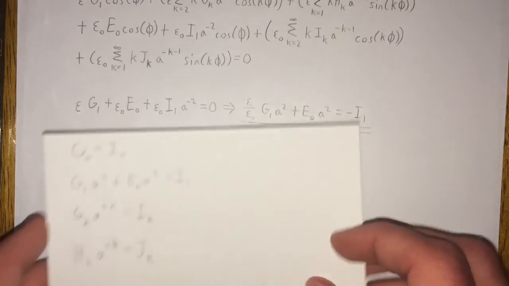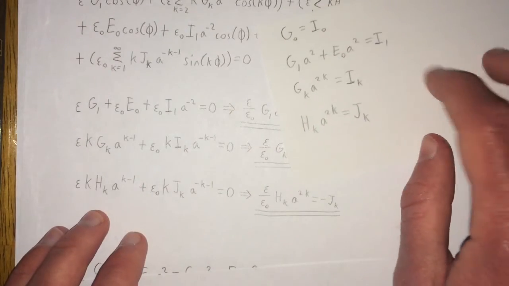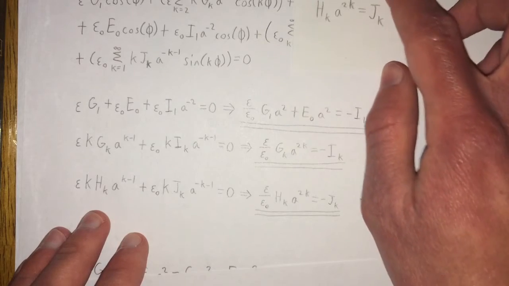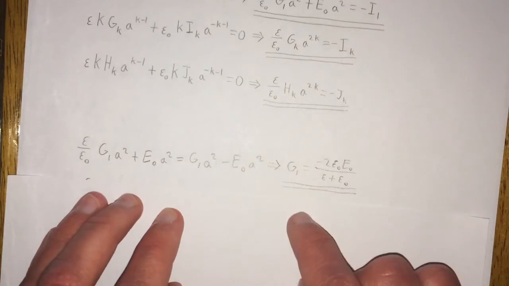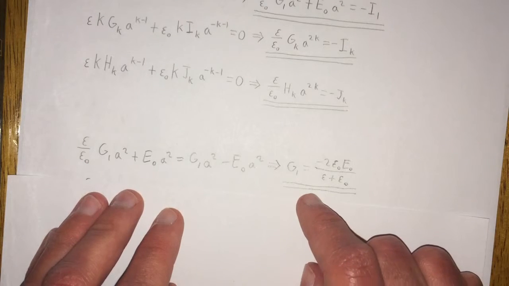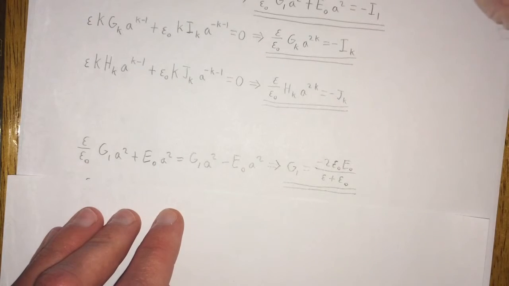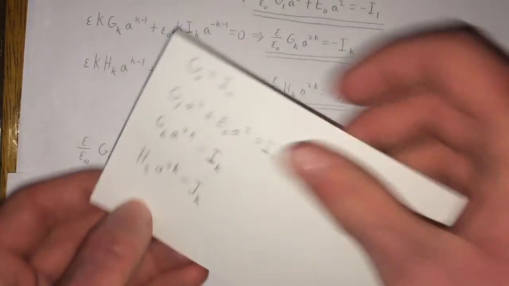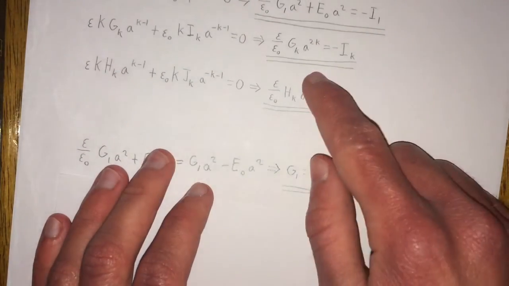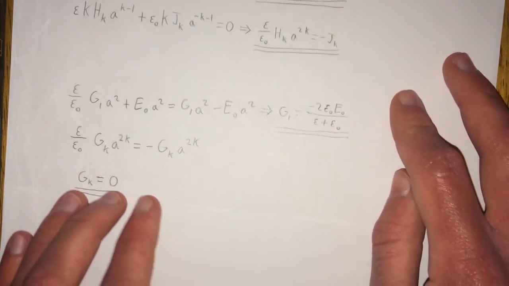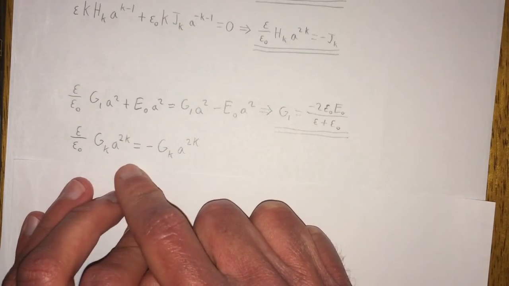Now, by using this equation and this equation, we can obtain this equation here. And by using this equation here and this equation, we can obtain this equation as described here.